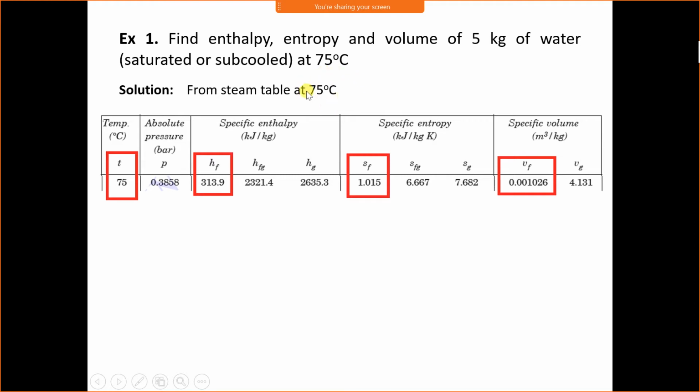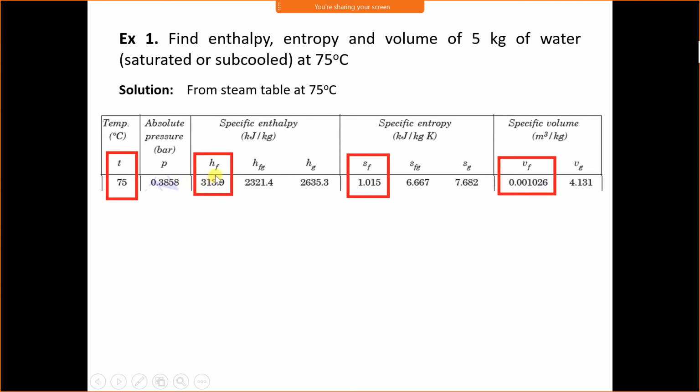Here temperature is given, therefore we go to table number 1, in which the first column is temperature. For 75 degrees Celsius, the corresponding absolute pressure is 0.3858 bar.